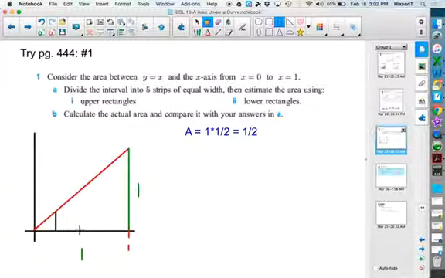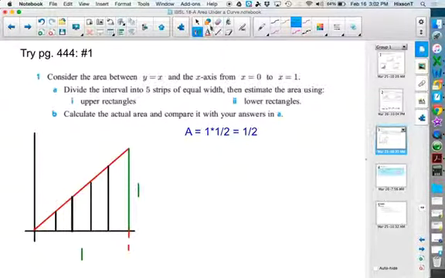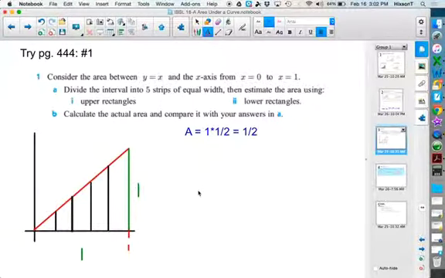Let's see, 1, 2, 3, 4, 5. Those are about even. Now, if we did that, how wide is each one? How many are there? There's 5. So 0.2, or 1/5.